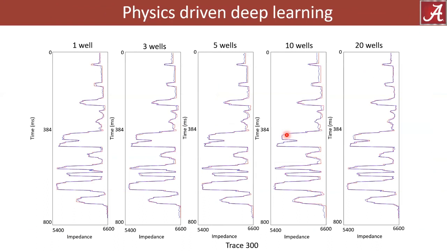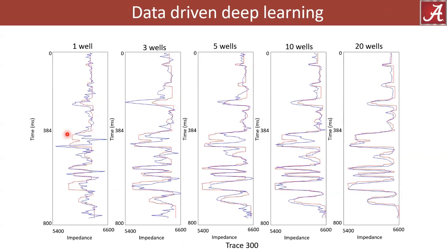So here's one representative trace. It's trace 300 in the five different scenarios using the physics-driven method. We can see there's no big improvement from 1 well to 20 wells because we already have a good result with only 1 well here.